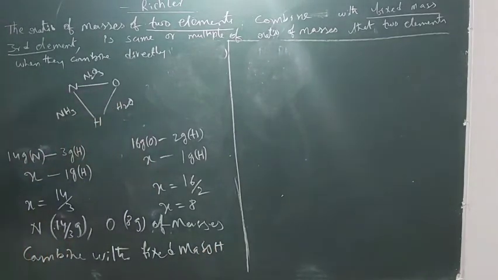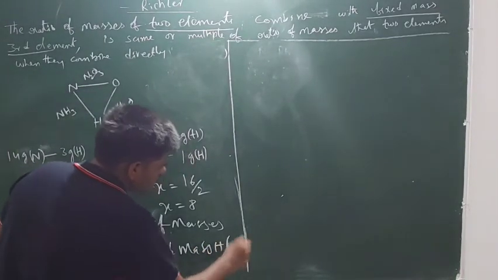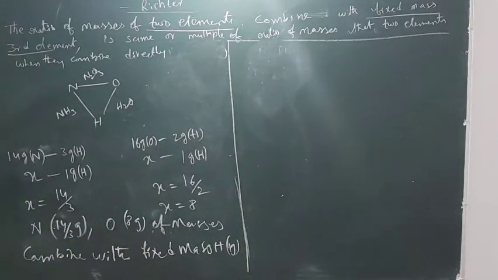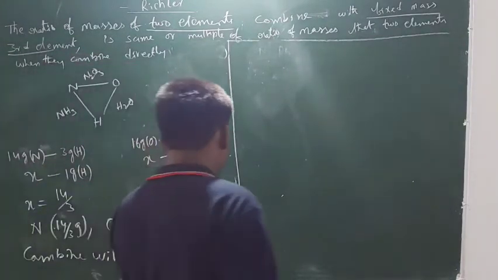What is the fixed mass of hydrogen? 1 gram.